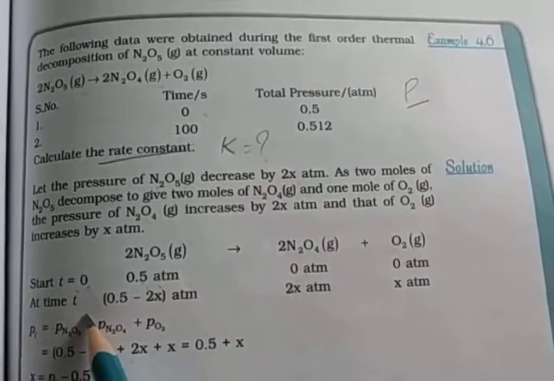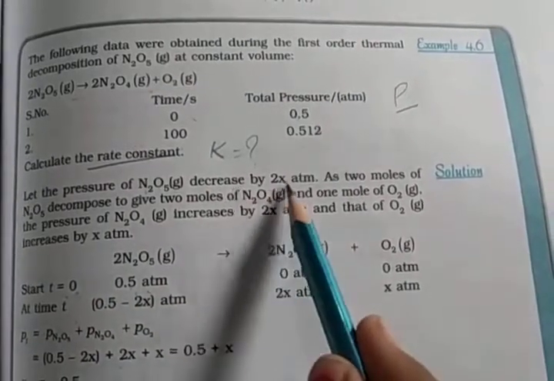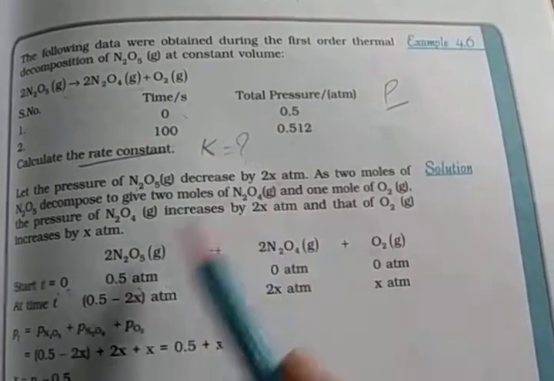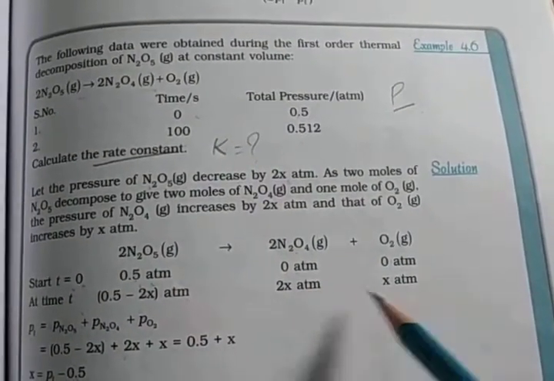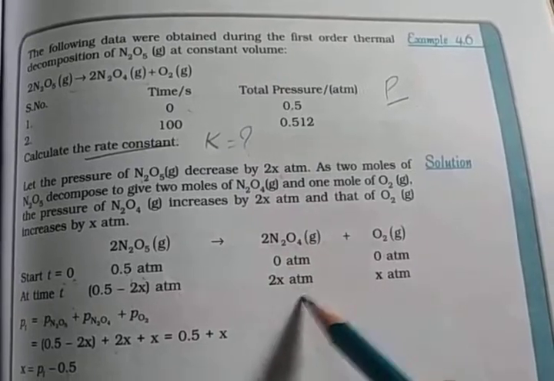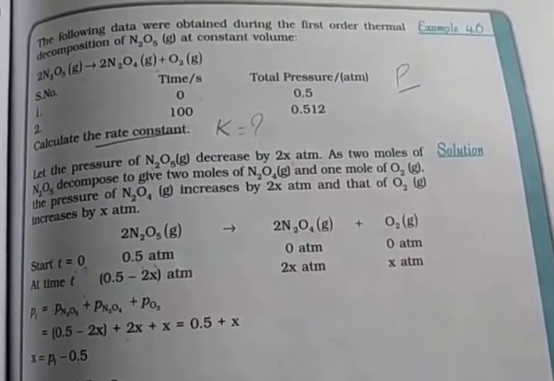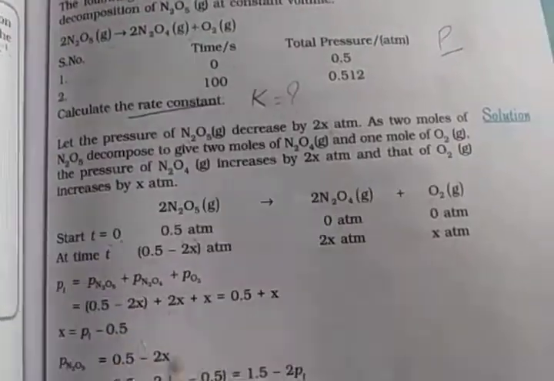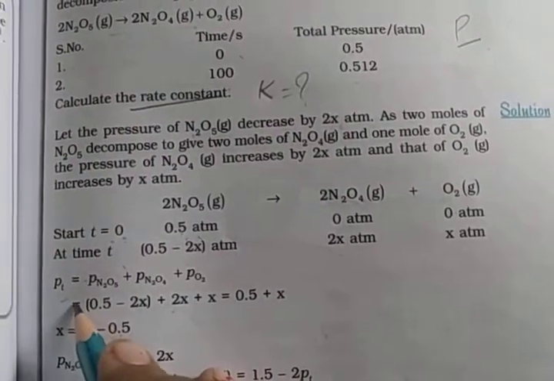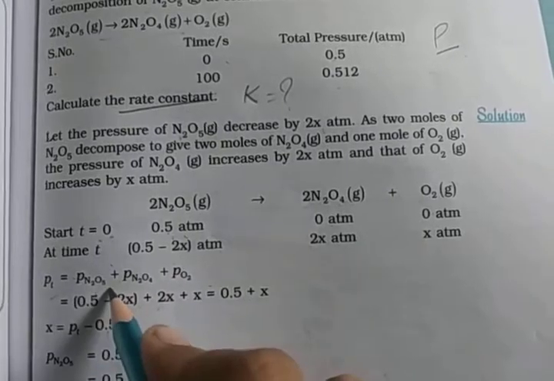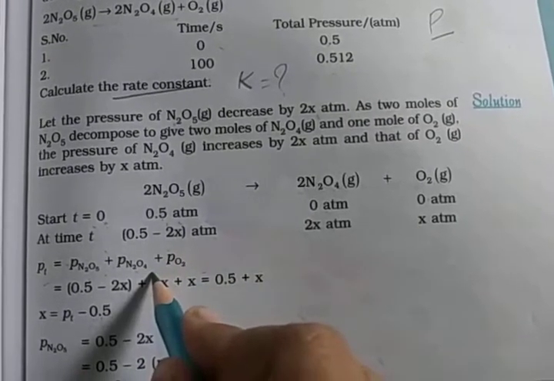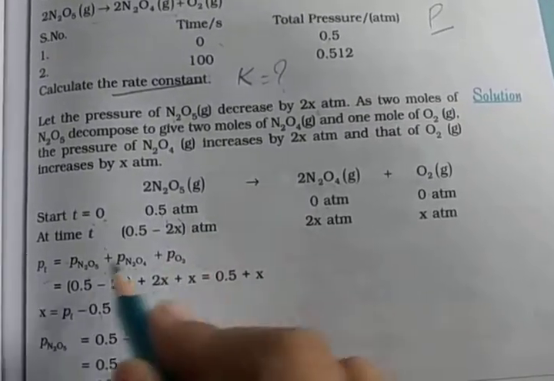Then at time T, the reactant decreases by 2x atmospheric, so 0.5 minus 2x atm, and the product also, here 2 moles, so 2x atm, and here only a single mole, so x atm. The formula you already know: pressure at time T is reactant plus product pressure.